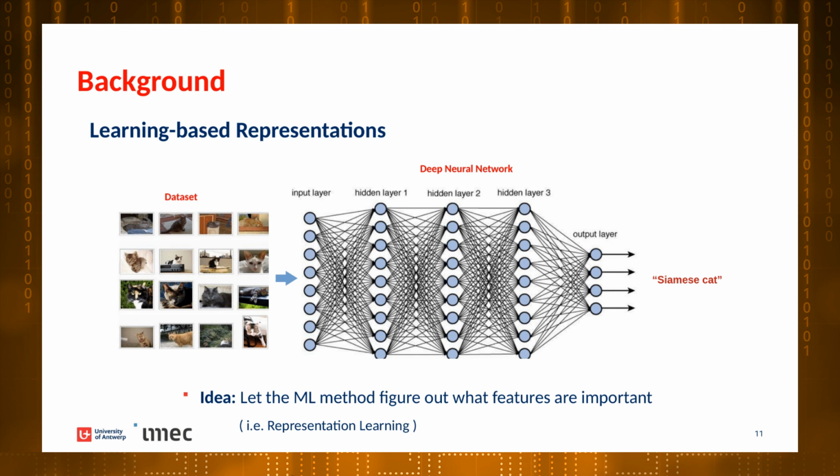The main idea was just to let the model figure out what these features are. Humans do not need to indicate that by hand. And this is what is known as representation learning, formally speaking, or more popularly speaking, deep learning.